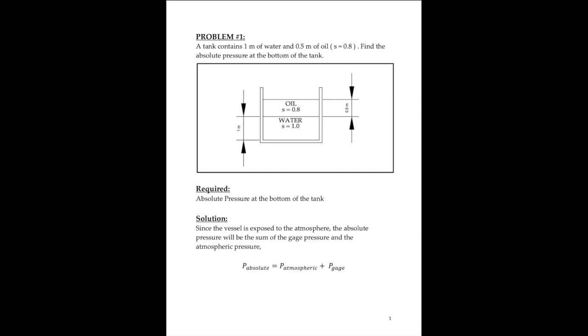While the bottom of the tank, where we can solve the absolute pressure, has three pressures affecting it: the atmospheric pressure, the pressure due to oil, and the pressure due to water.